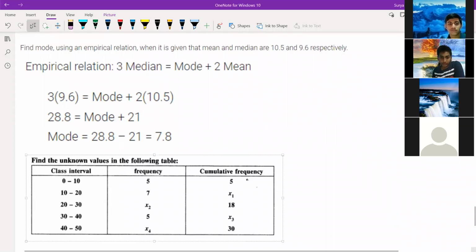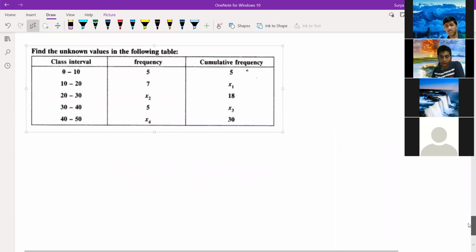Find x1, x2, x3, x4. What is x1 over here? x1 is 12, 5 plus 7 is 12, right?